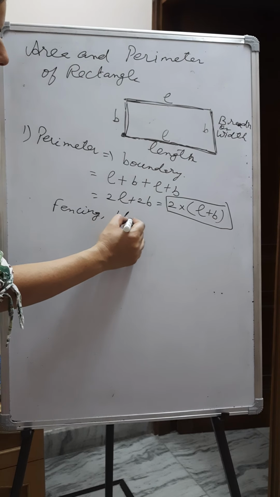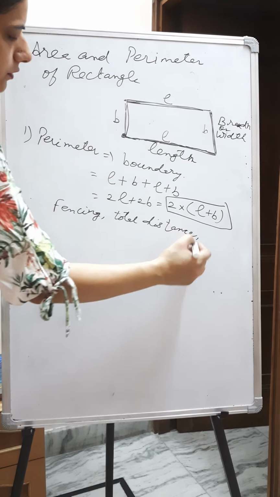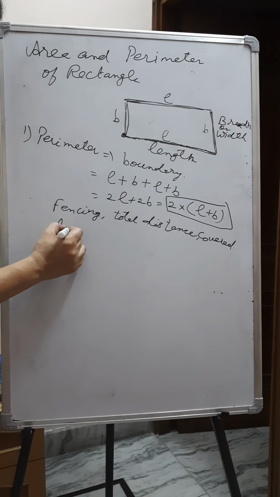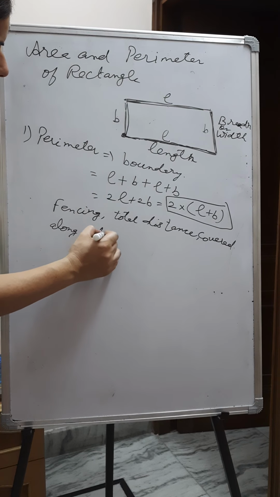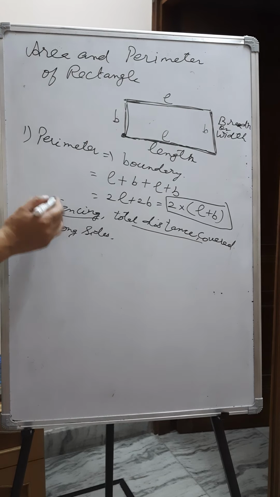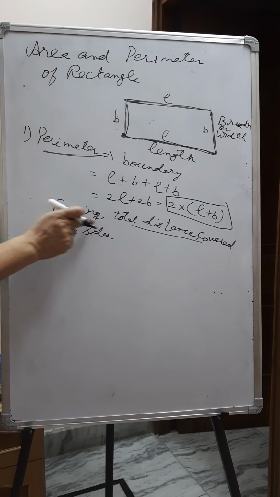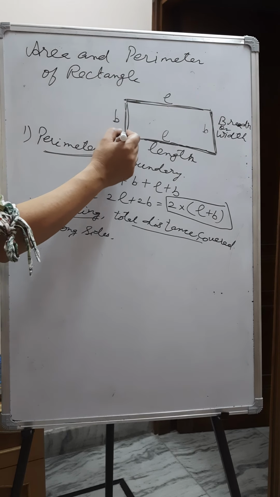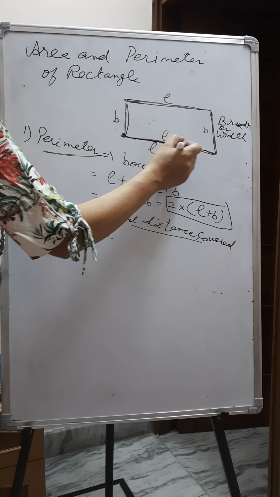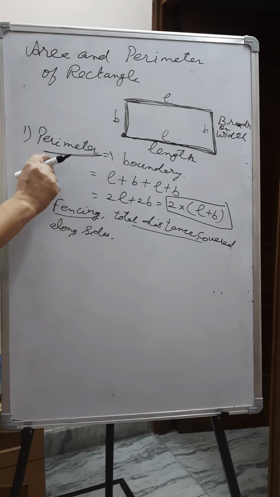Whenever there is a question regarding fencing, total distance covered along the sides, then you have to find the perimeter. Whenever fencing is required, fencing is the wire along the boundary walls, so it contains perimeter.